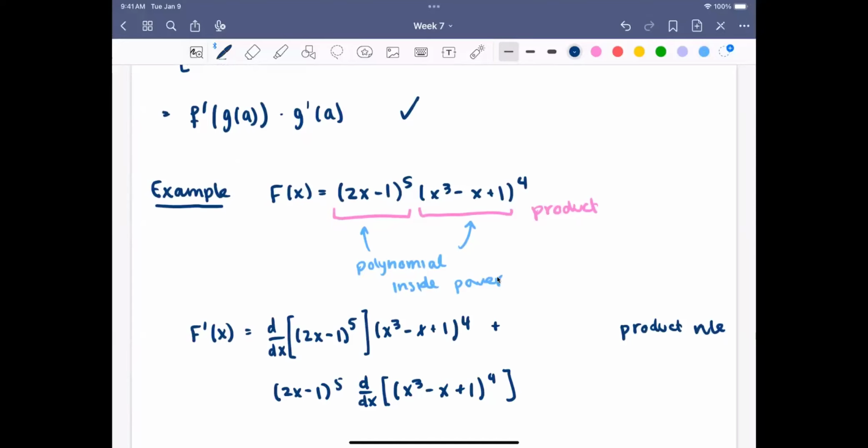Okay, so now our situation's got a little bit better, right? We're just taking the derivative of this, which we can use chain rule to do. The same thing here, we can use chain rule.